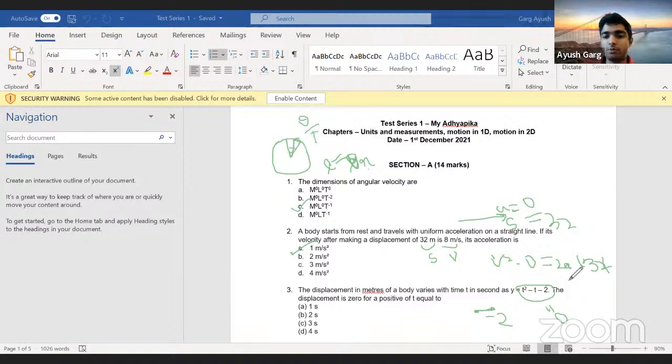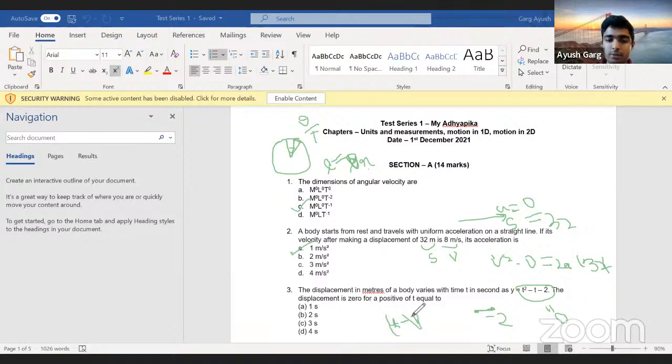You are going to solve this like a quadratic equation, t square minus t minus 2 equal to 0. So if you factorize it, you can either do it using your formula, minus b plus minus under root b square minus 4ac upon 2a. You can use that formula, or you can do it like a normal factorization method. I'm not going to show you that factorization because it's something related to basic maths, and I'll expect you to know that.